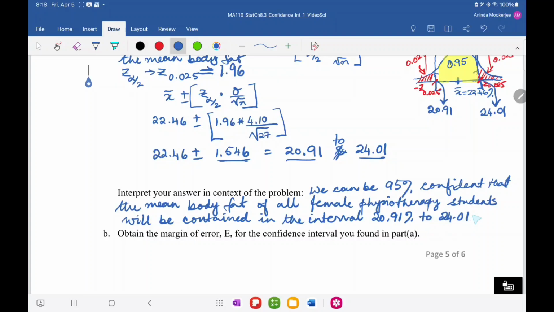Again, these are the key phrases you need to include in your interpretation.